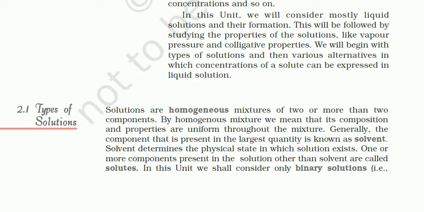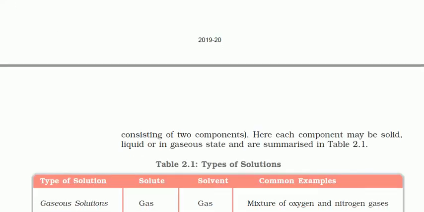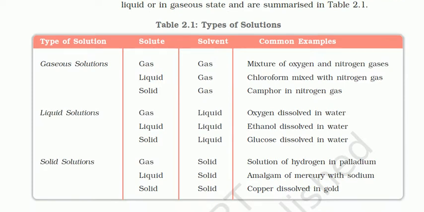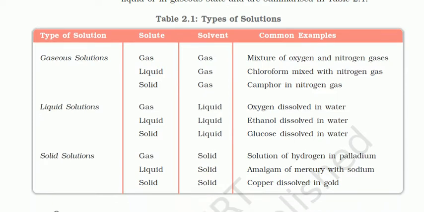In the homogeneous mixture, the solutions are homogeneous mixtures of two or more components, where each component has been mixed very nicely, and this is also called the binary solution, because two components are mixed, either in their liquid form or in gaseous form or in solid form. So we will see lots of different types of solution. That's a very important aspect.